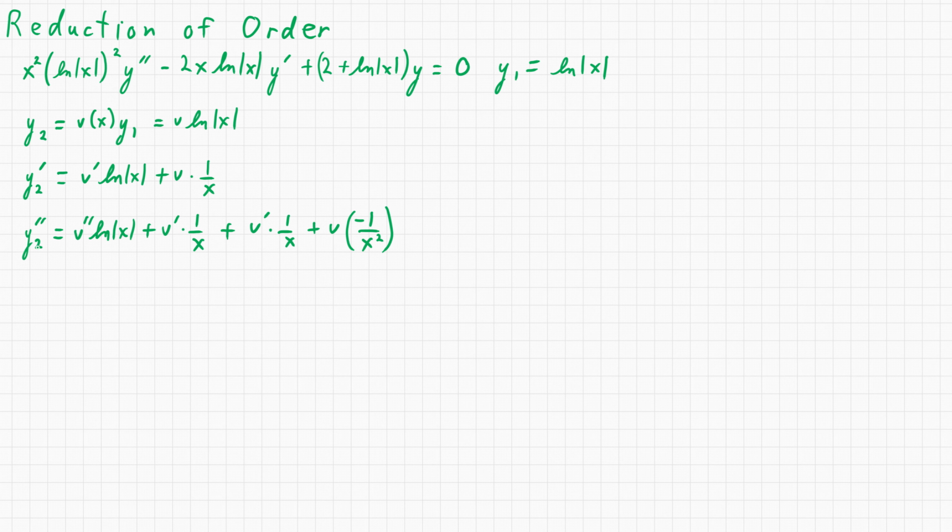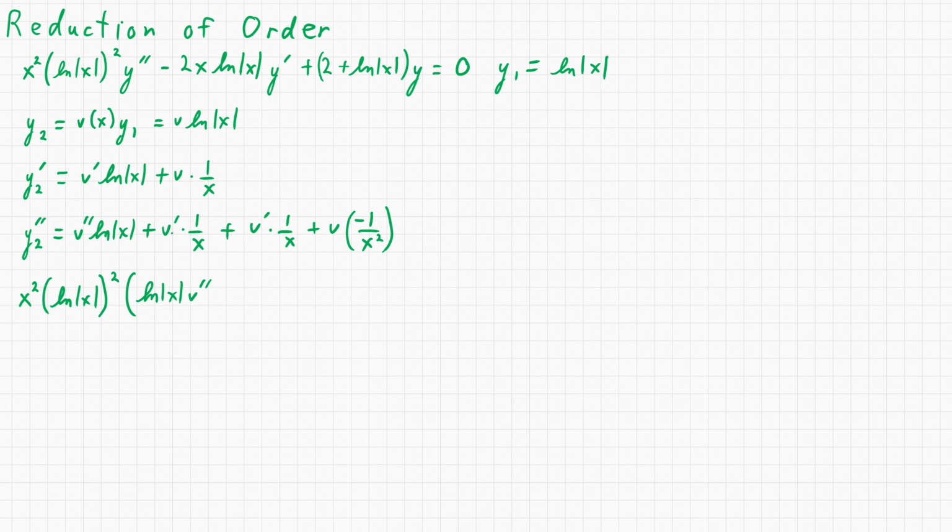Next step is to plug y2 into the differential equation. We're going to be a little short on room here, so I'll just do x squared times natural log absolute value of x, whole thing squared, times y2 double prime. Oof. All right, I'm going to put the x's in front of the v's, so we'll get natural log absolute value of x times v double prime.